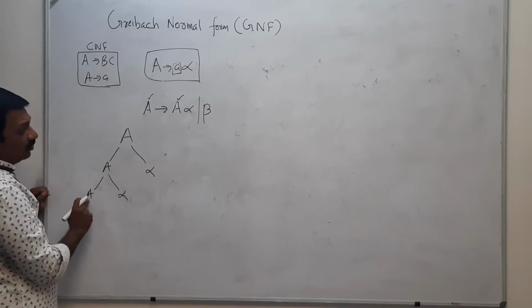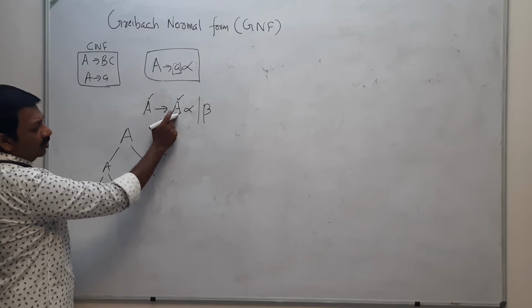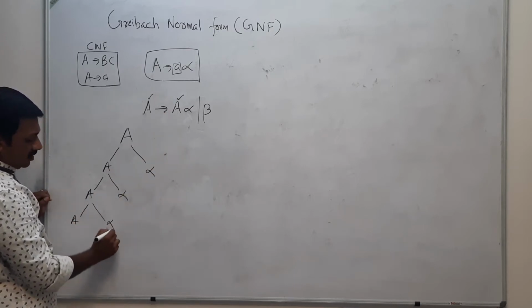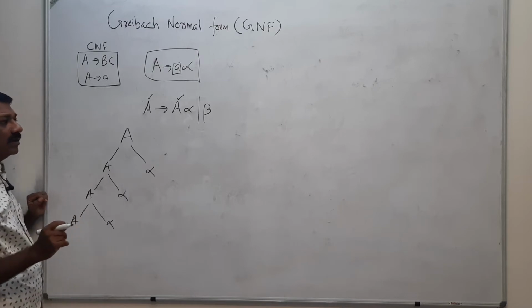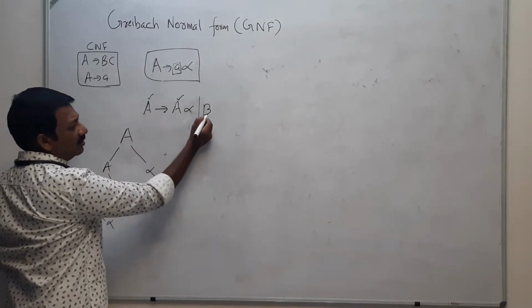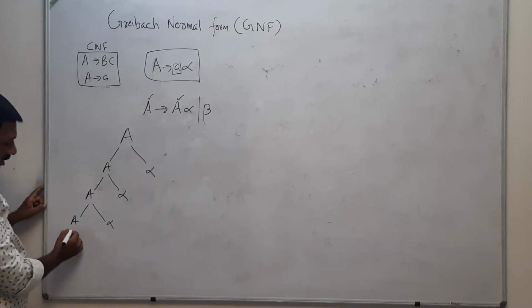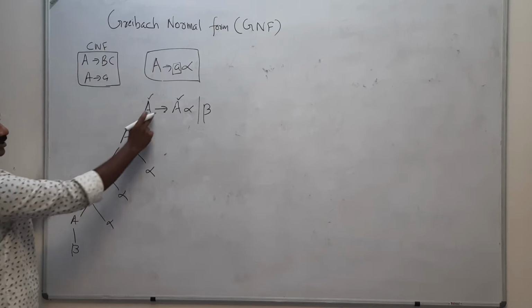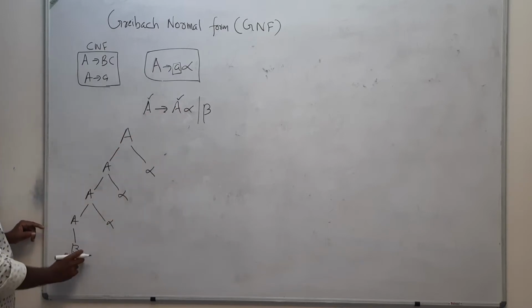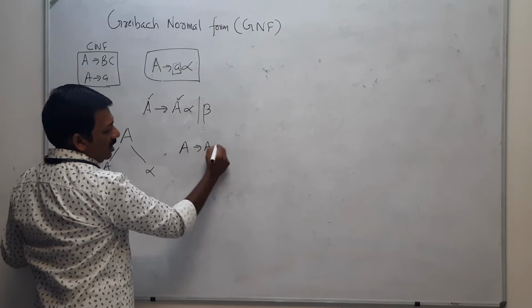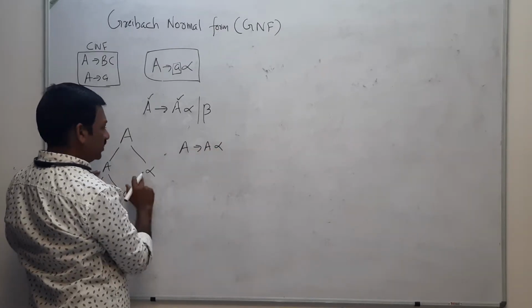Now again you are going to expand this A, which is A alpha. At a point, if it has to terminate, you have to use this production beta. That means suppose you are using A derives beta, then this will be terminated. Here A is replaced with A alpha.